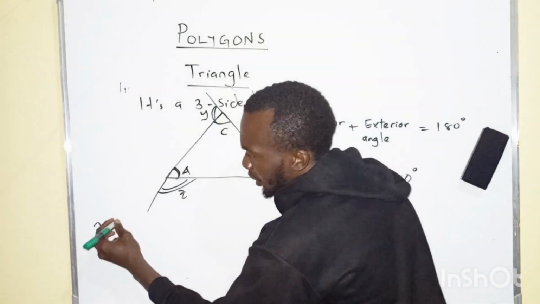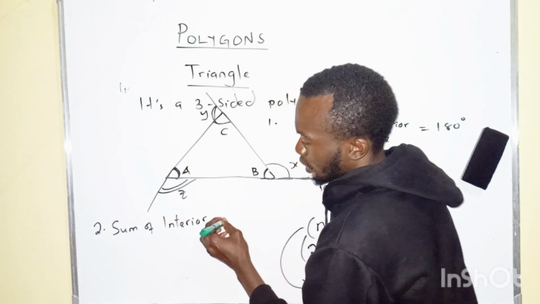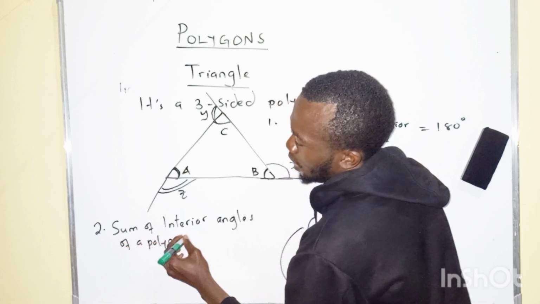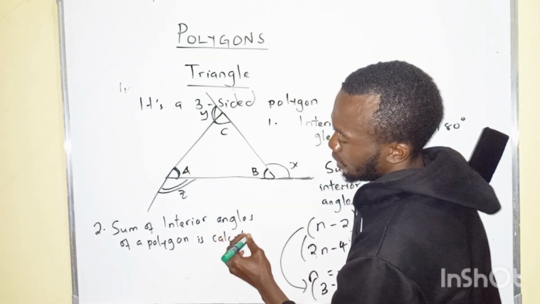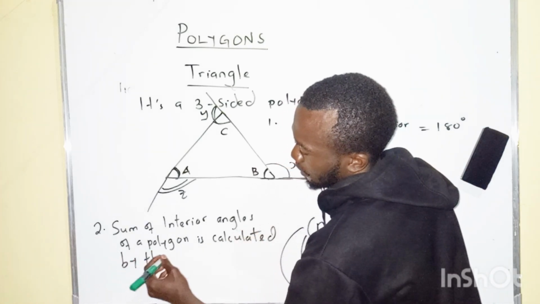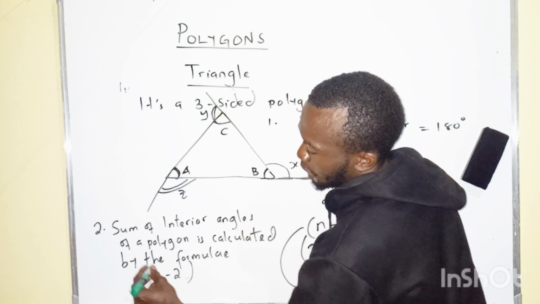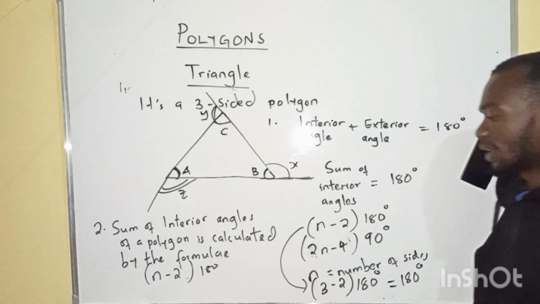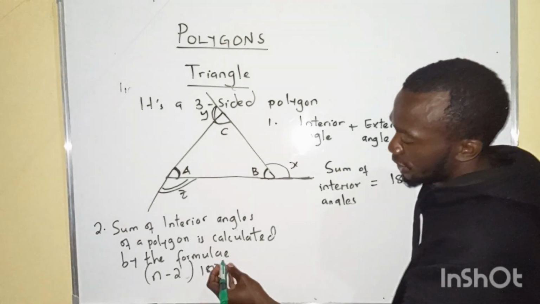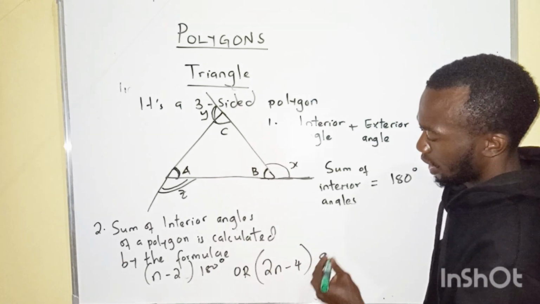The second one, the sum of interior angles of a polygon is calculated by the formula (n minus 2) times 180 degrees, or (2n minus 4) times 90 degrees.